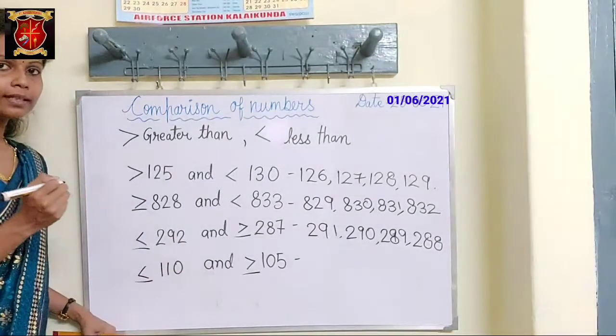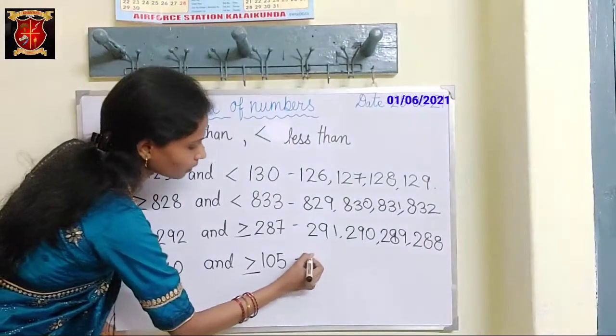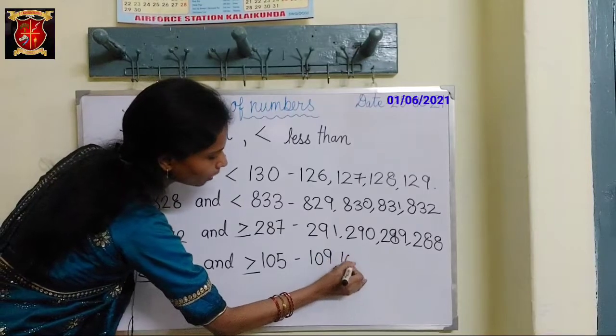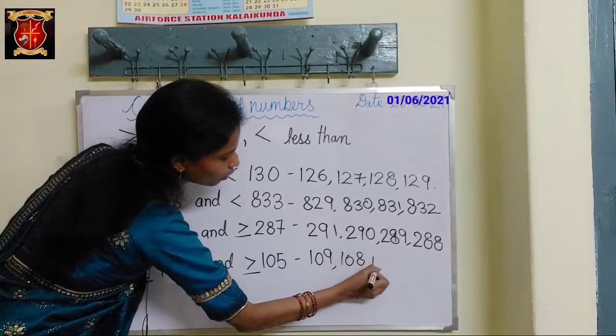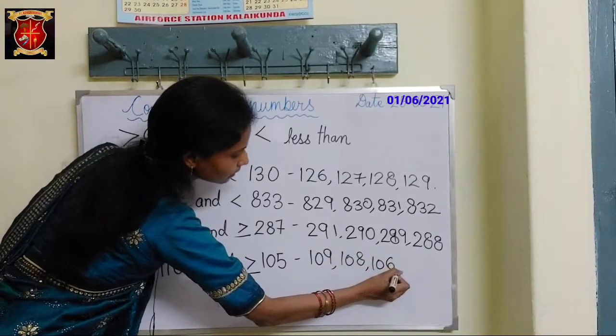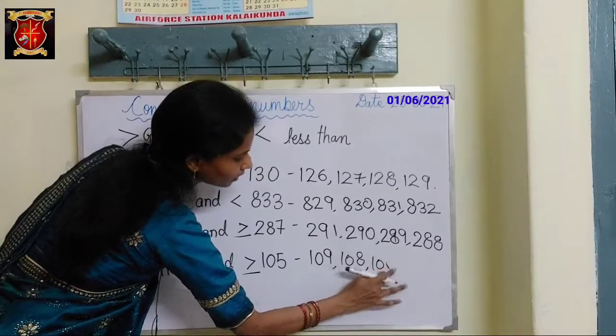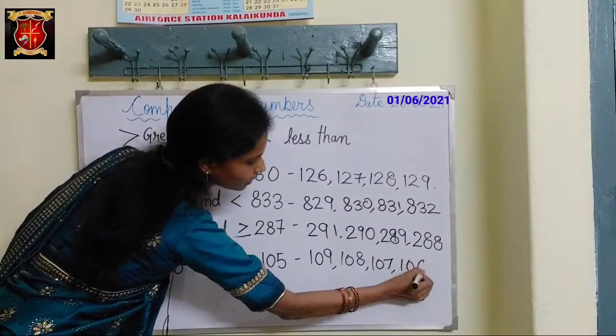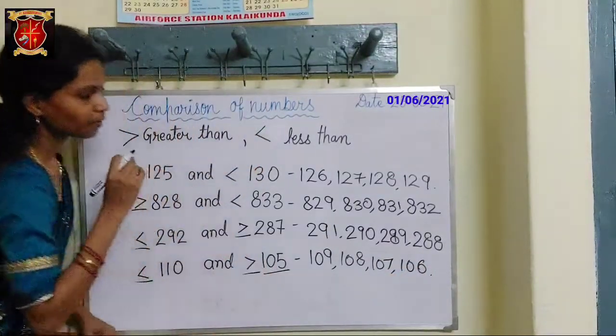So before 110 what numbers come? 109, then 108, 107, then 106, then 105.